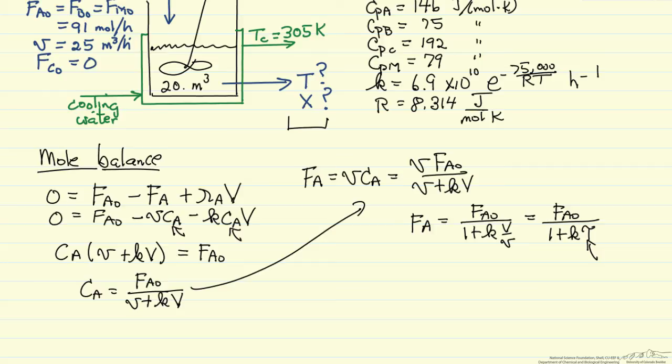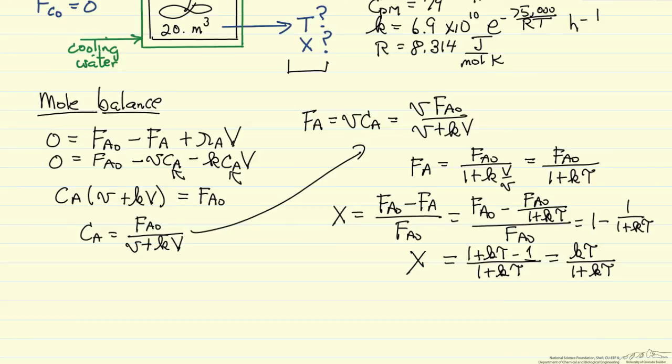Now I can calculate the conversion: inlet flow rate of A minus exit flow rate of A, over the inlet flow rate of A. If I substitute this into the equation, I end up with an expression for X when I do the algebra. And tau, my space-time, is 20 meters cubed over 25 cubic meters per hour, so tau is 0.8 hours.